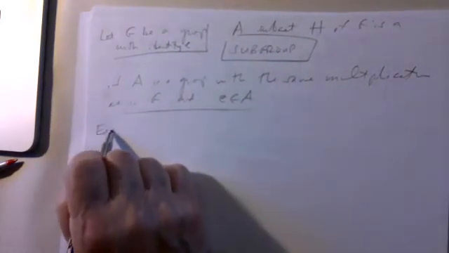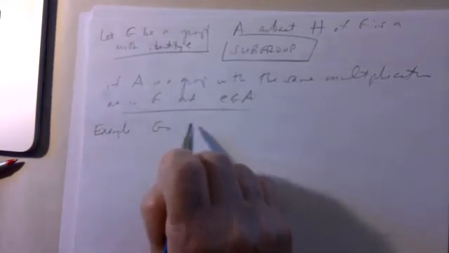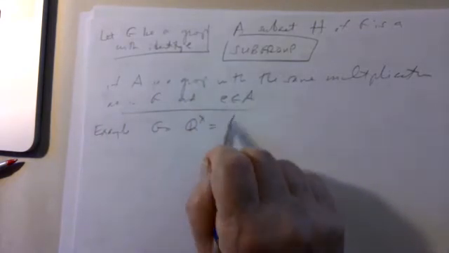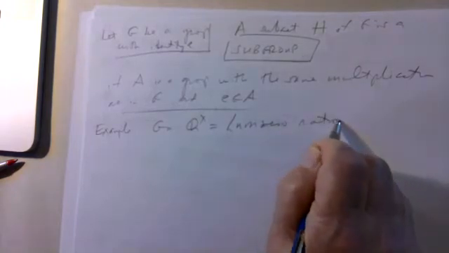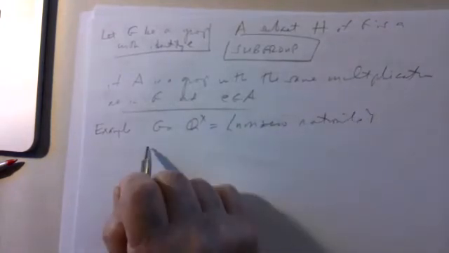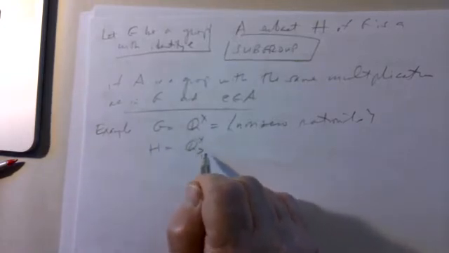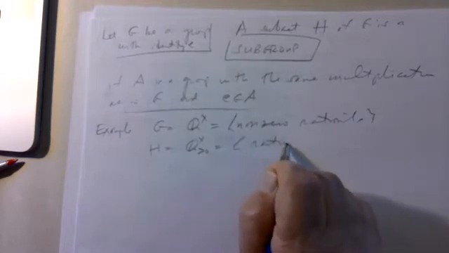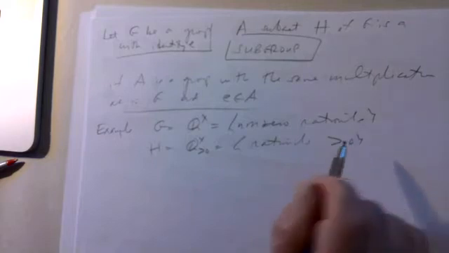So for example, if we take the group G equal the set Q star, this is the non-zero rational numbers. And we take H to be Q star greater than 0. This is all rational numbers that are positive.